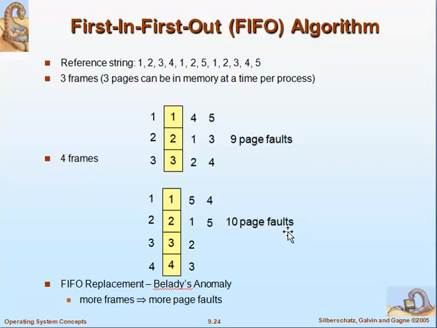As we had seen in the earlier graph, as the number of frames increases, the page faults should reduce, isn't it? But there are some algorithms which have a problem: with the increase in the number of frames, the page faults might increase, and that is called Belady's anomaly.